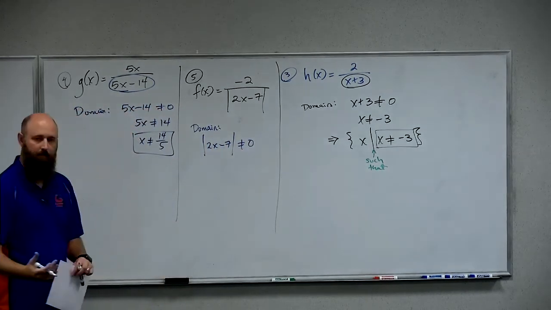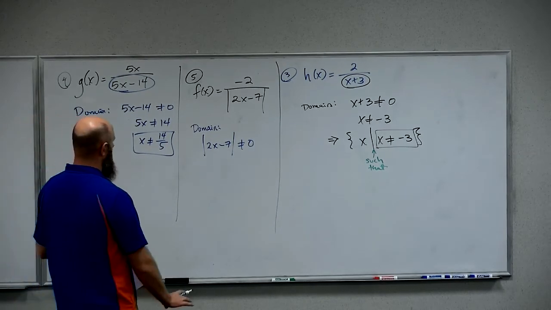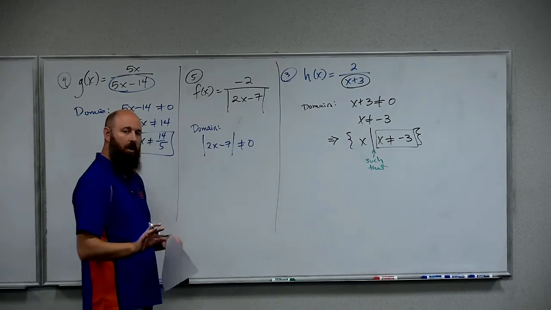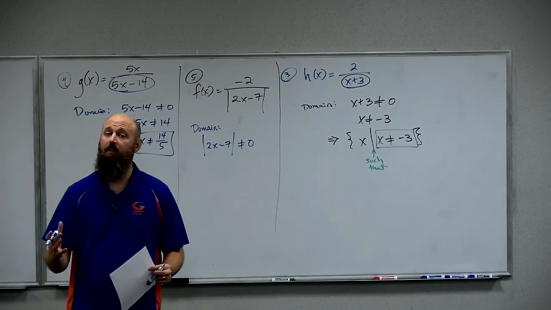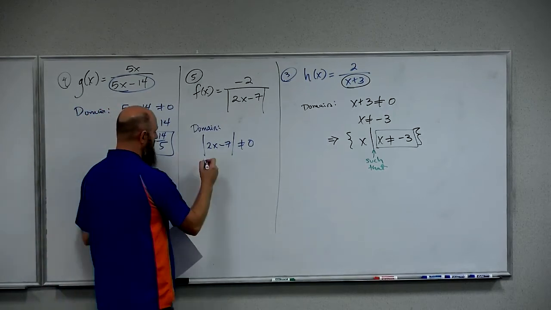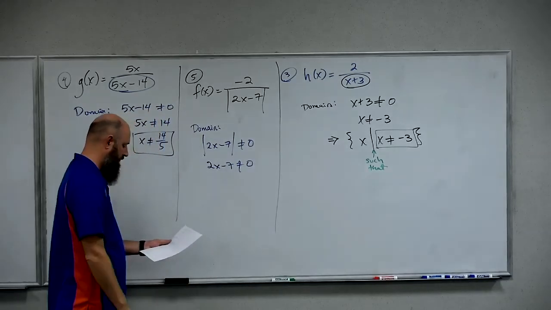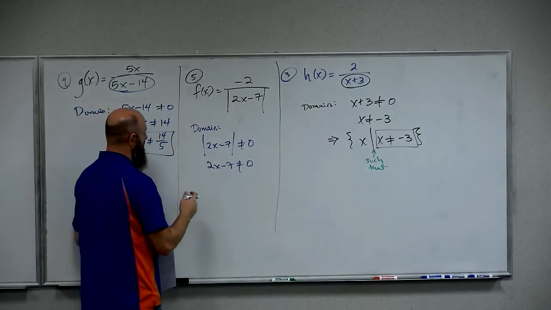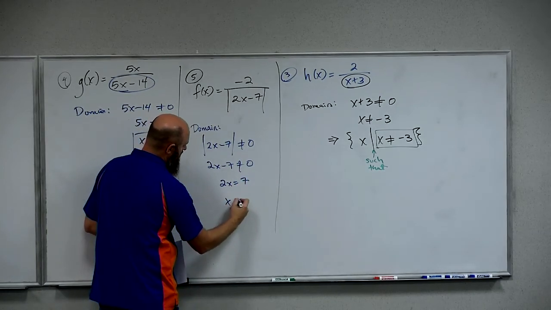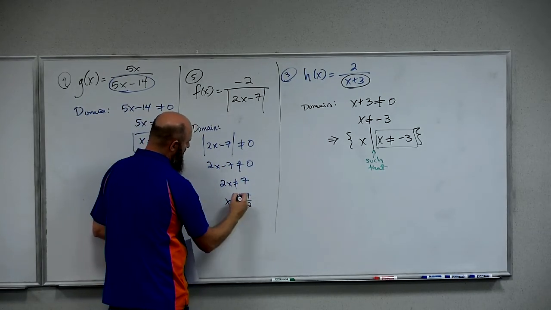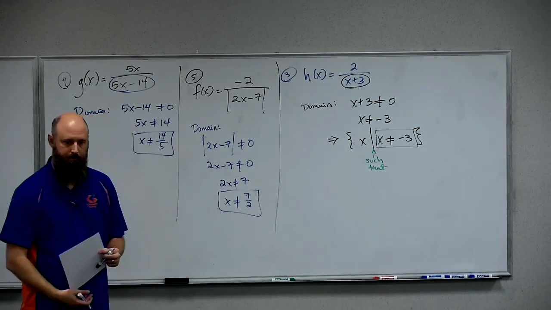So we're taking that bottom, setting it not equal to 0. The good thing is for absolute value, even though we've not talked about solving with absolute value, for 0, we really don't need the absolute value bars. So we can rewrite this as 2x minus 7 cannot equal 0. Now, very similar to number 4, we're going to add the 7 over and then divide by the 2. So x cannot be 7 over 2. Make sure you reduce those fractions if you can.